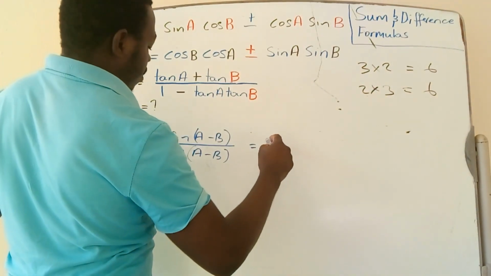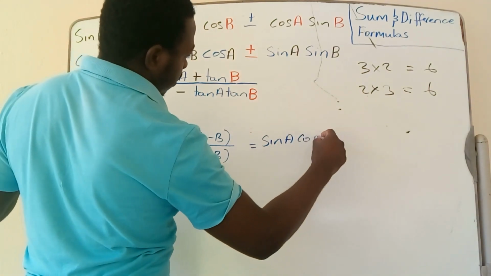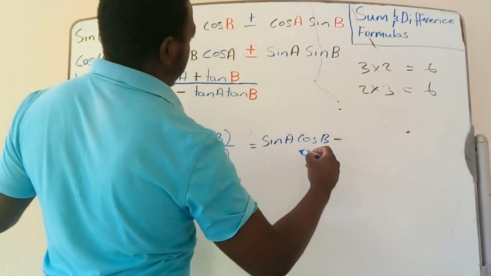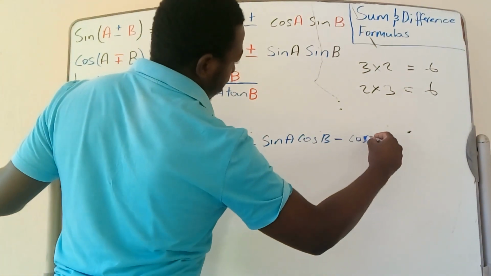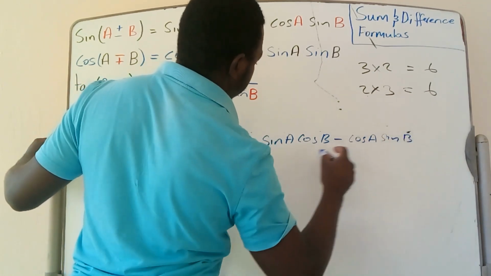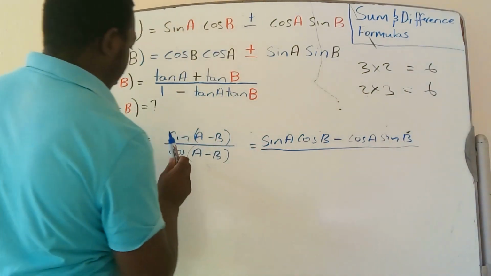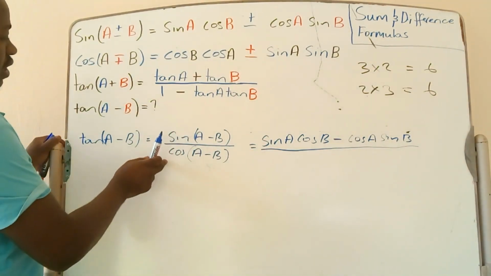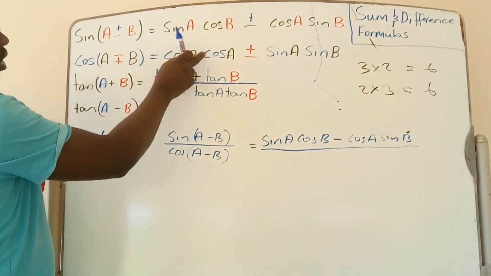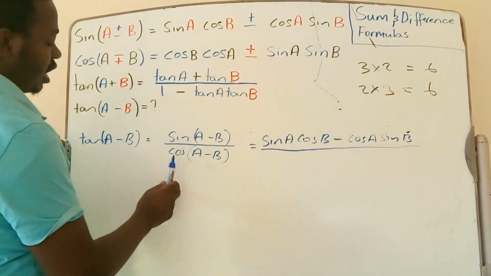So this is actually equal to sine A cos B, because it's minus, it's still minus right here, and that's going to be cos of A sine of B. That's it. All of that divided by cos of A minus B. For cos A minus B, that's cos B cos A plus sine A sine B. So we can use that identity.